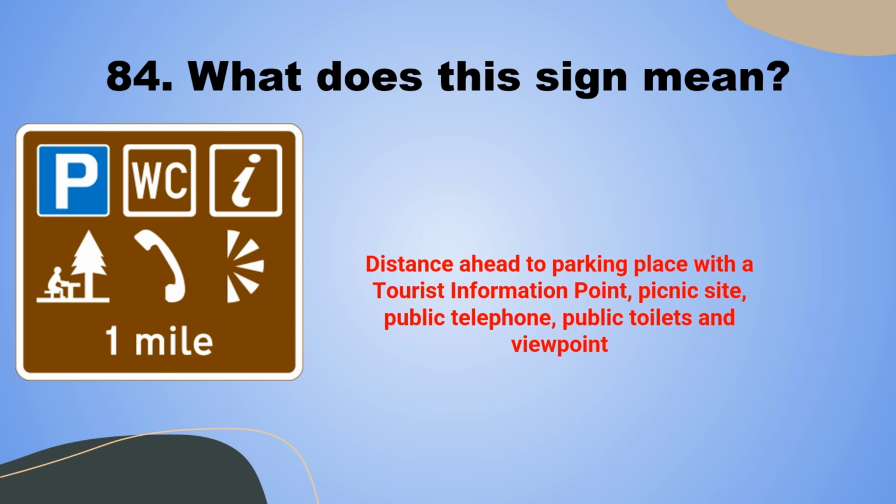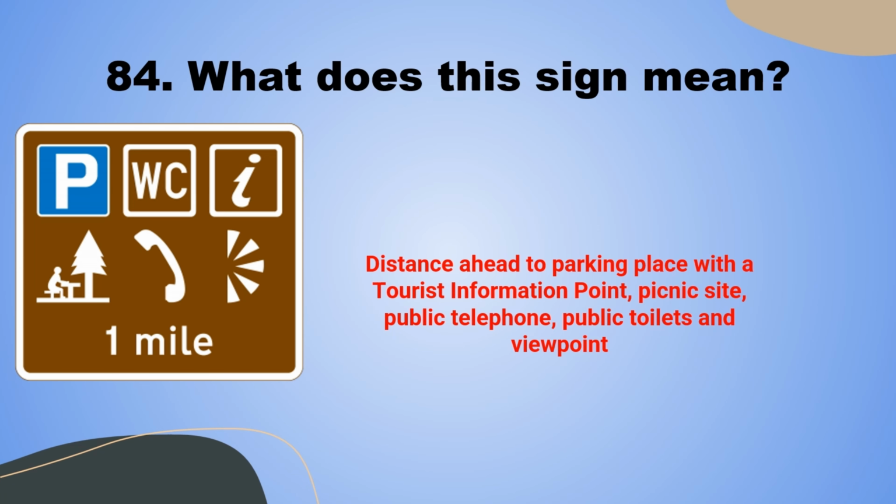If you have a look at the symbols on this sign, you can see P for parking, WC for toilet, I for tourist information point, picnic site because you've got someone sitting on a bench with a tree, then the phone symbol as well, and the viewpoint, which can be a lake, maybe a building, maybe you're looking at the sky and you see a constellation. But basically it means a viewpoint, and then it's giving you the distance, which is 1 mile.